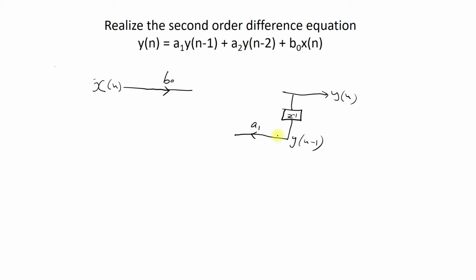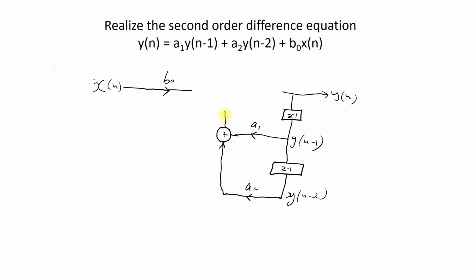So this is multiplied with a constant a1. Then we have one more delay, which is related with the next delay. This is z inverse, and whose output is y of n minus 2. Now y of n minus 2 is multiplied with another constant, which is a2. Now these two can be summed together. So we can sum these two terms like this.